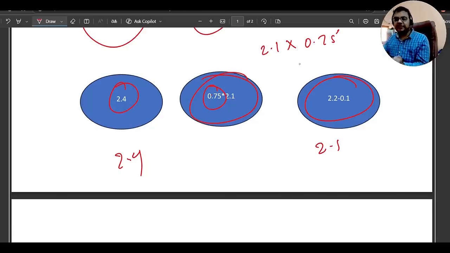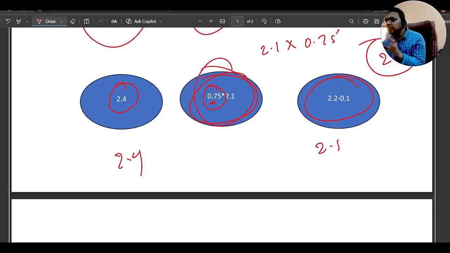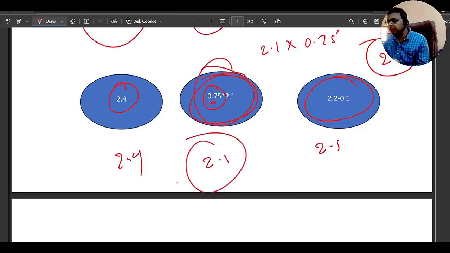If it is less than 1, the value will be a little bit less than whatever the value is. So we are multiplying 2.1 by less than 1. When the multiplication happens, we actually do not need to calculate the whole equation. We will keep in mind that this value will be less than 2.1 for sure, because the multiplier is less than 1.